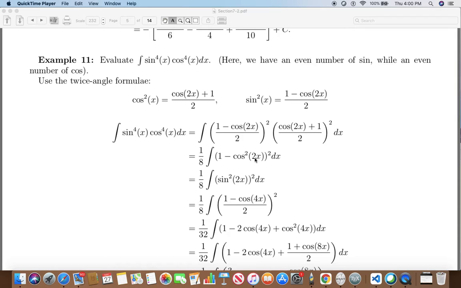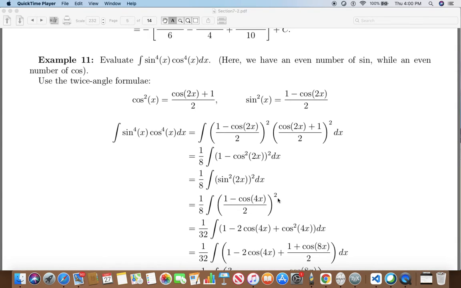Okay. So 2x, 2x. Now again, because this is an even power, I will use the sine squared twice angle formula. Sine squared is 1 minus cosine of the twice angle. So this is 2x, its twice angle is 4x. So I have rewritten sine squared as 1 minus cosine 4x over 2, power 2.